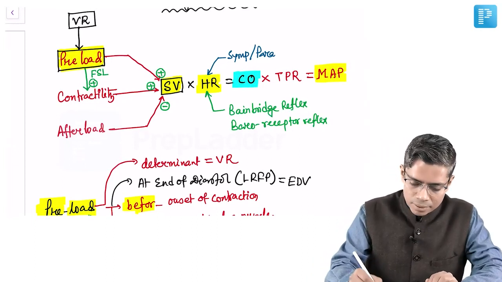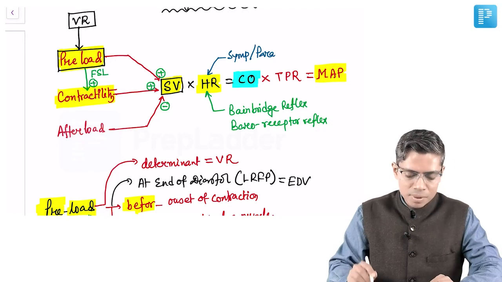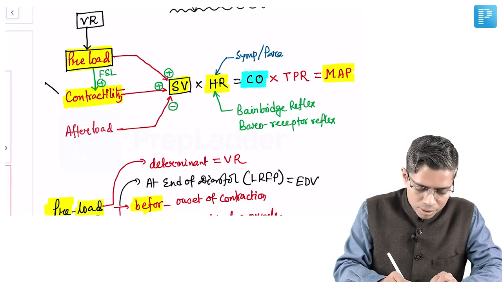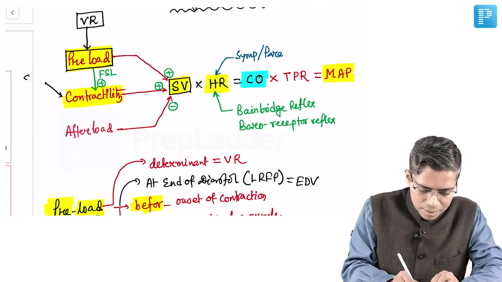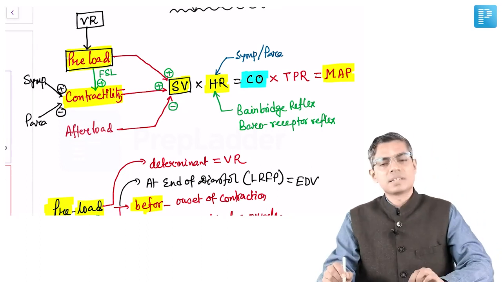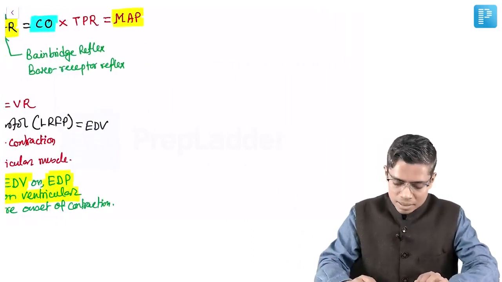Now the second factor we are coming to is contractility. All of us know that contractility mainly depends on two systems, the sympathetic system as well as the parasympathetic system. Sympathetic system increases the contractility, parasympathetic system decreases the contractility. But apart from that, there are other factors that you have to remember.